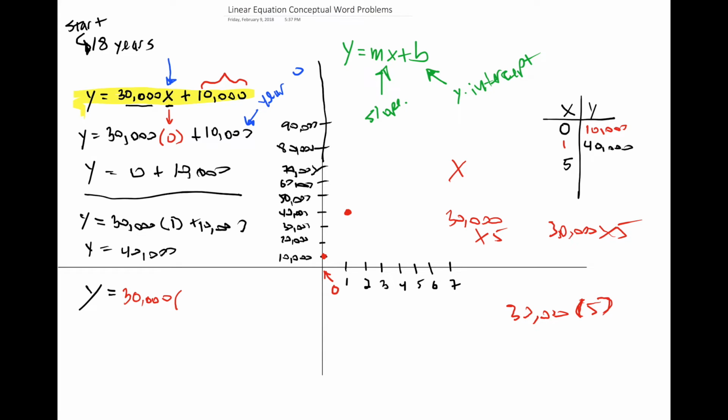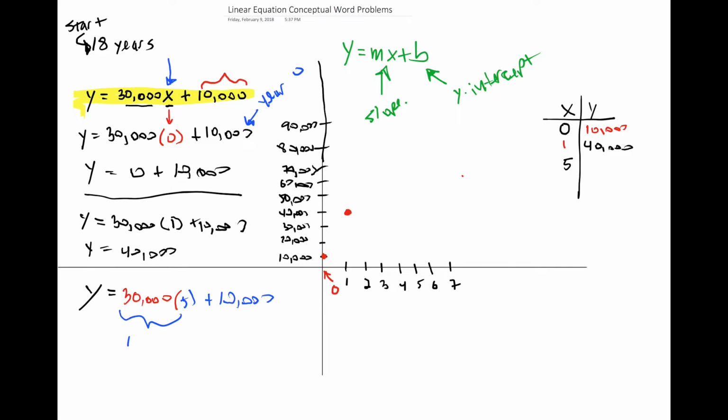Perfect. Good. Yes, that's good. And then what did you get for that answer? Okay, then what? Perfect. So you got 150,000 and plus the 10,000, 160,000.